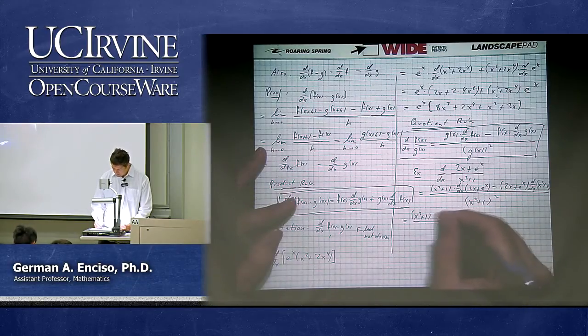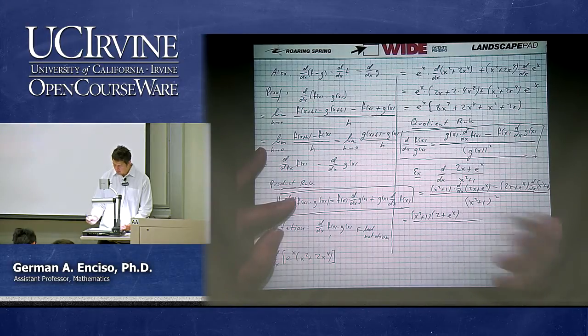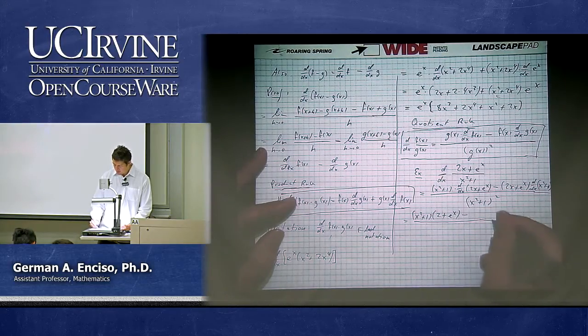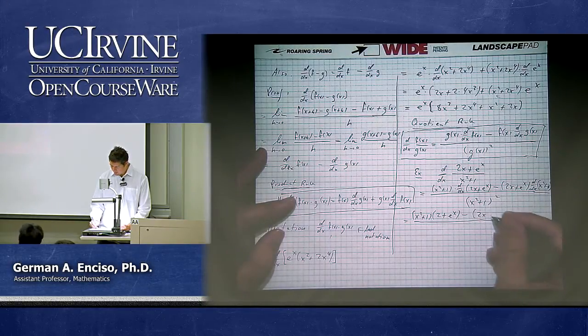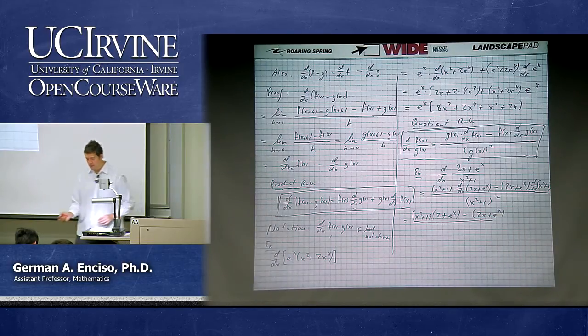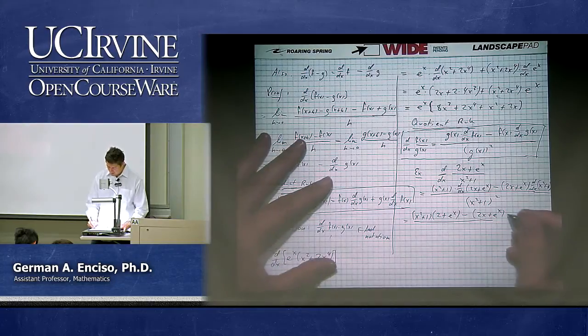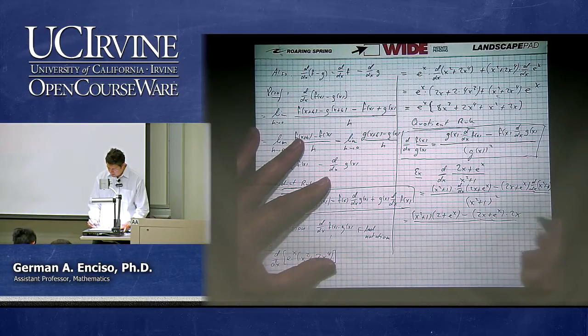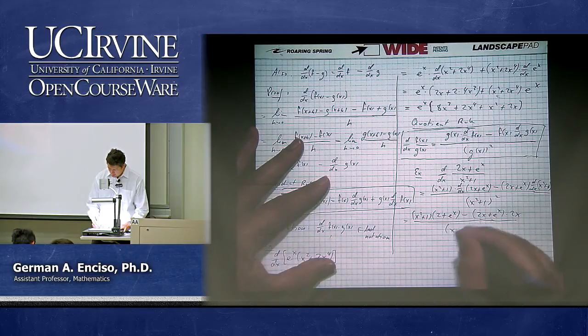And that is 2 plus e to the x. Then there's a minus. And then there is 2x plus e to the x multiplied by the derivative of that, which is 2x. And the whole thing is divided by x squared plus 1 squared.